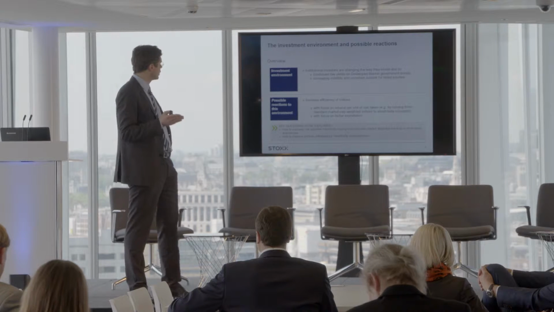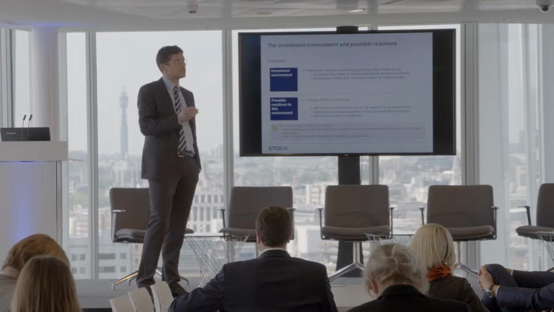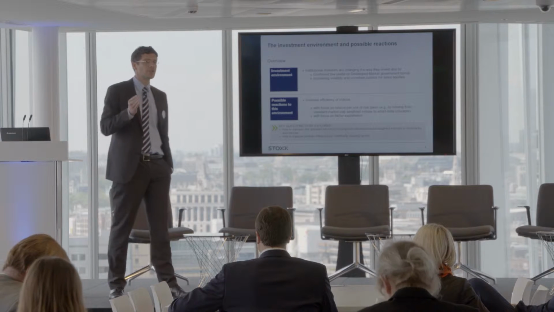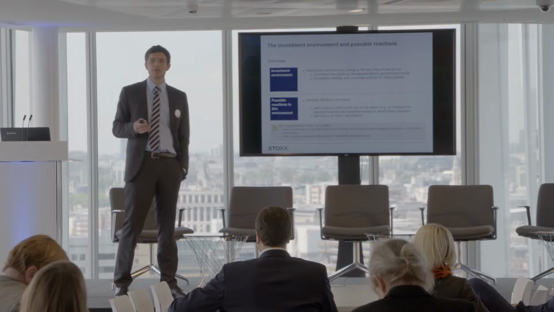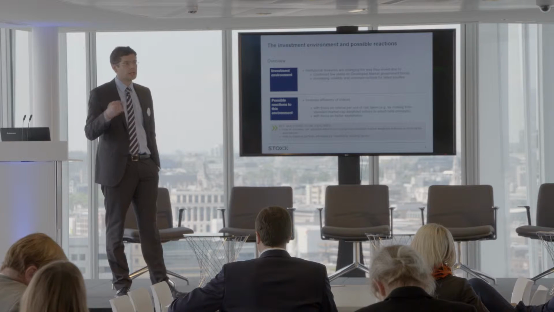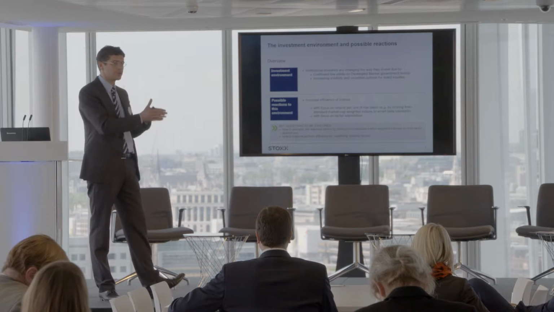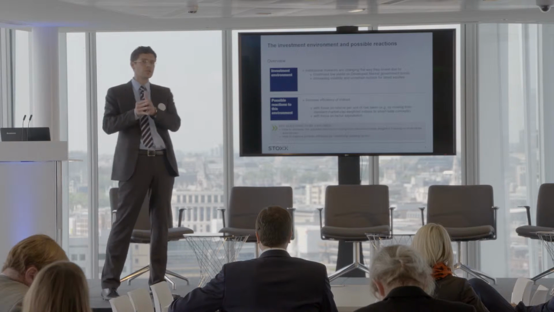So my definition here is the attempt to get a systematic exposure to well-defined sources of risk, value, momentum, for example, hoping for an adequate reward in the form of a risk premium.